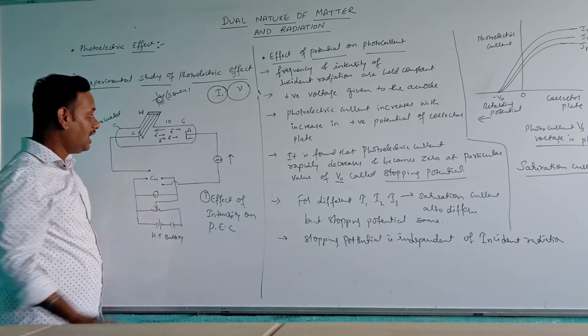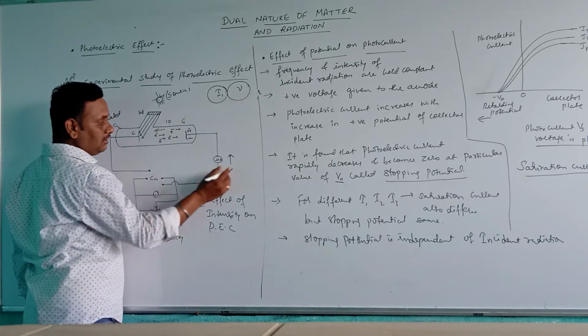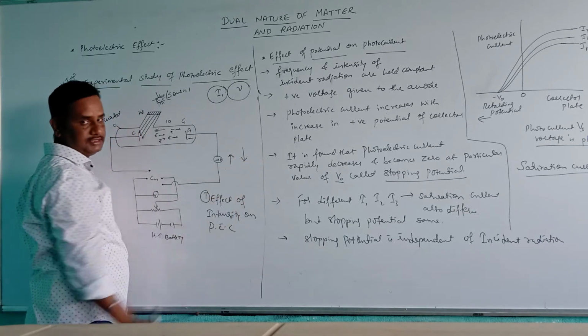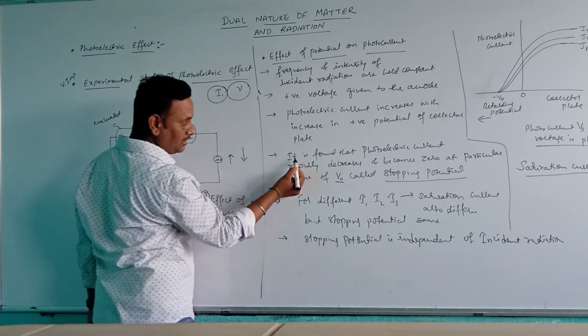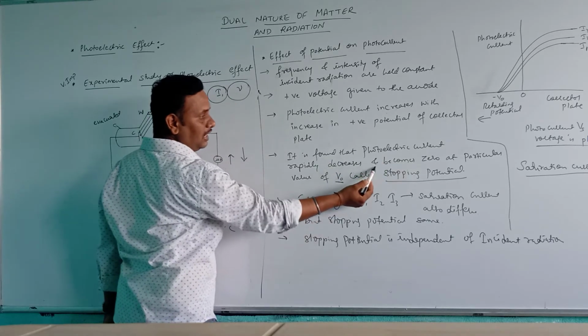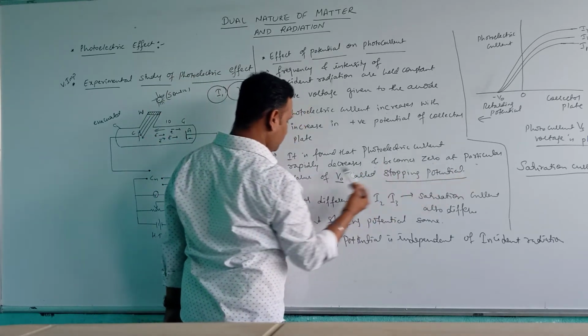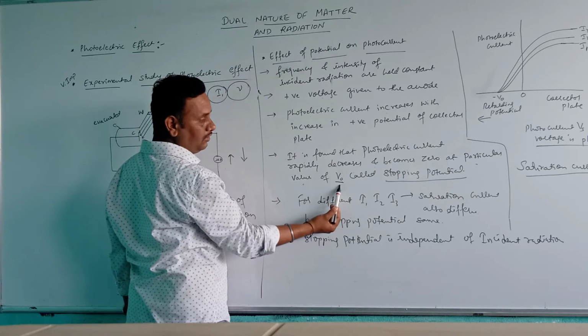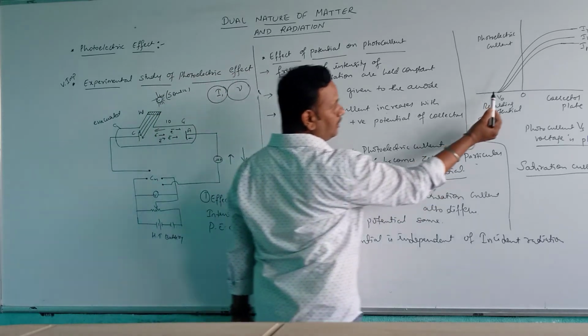As the repulsion increases, the photoelectric current decreases. So in the fourth point I have written here, it is found that the photoelectric current rapidly decreases and becomes zero at a particular value V0, which is called the stopping potential.